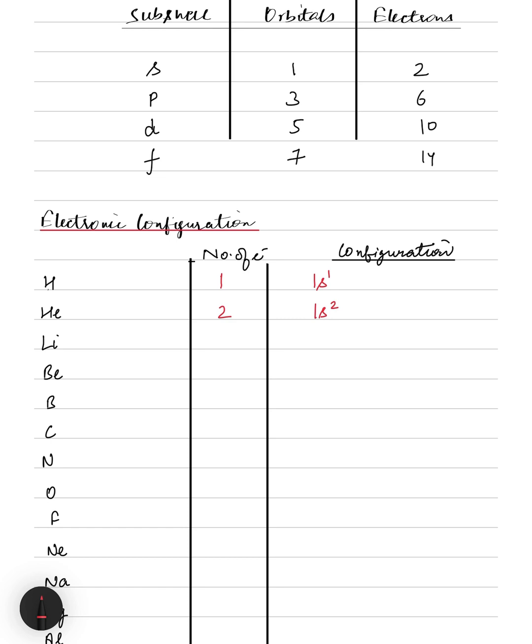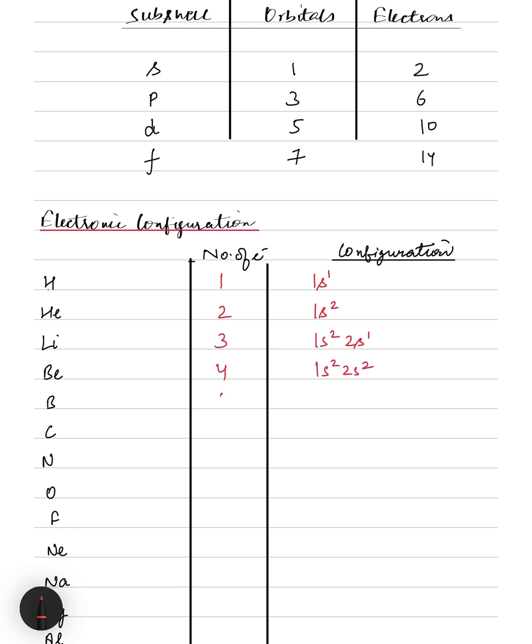Now in the case of lithium, the atomic number is 3, that means there are 3 electrons. So 1s will be 2, after 1s comes 2s, and it will hold only 1 electron, because total electrons are 3. In the case of beryllium, atomic number is 4, so it will be 1s2 2s2, right?